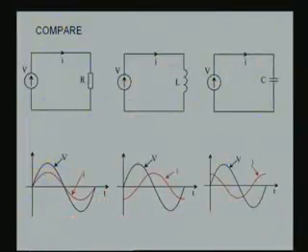Let us compare all the three circuits here. You have the resistive circuit, the R network, the L load, that is the inductive load, and the C load, the capacitive load, all three put side by side there, and the corresponding voltage source waveforms, which are all sinusoidal in all the three cases, and the corresponding currents.